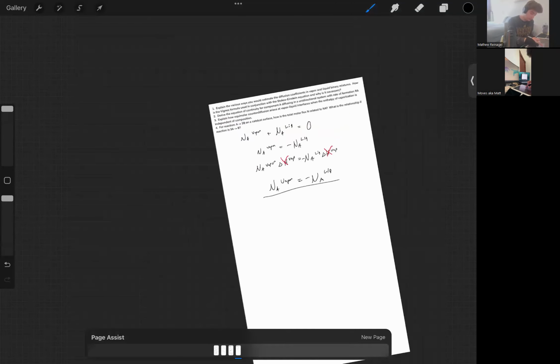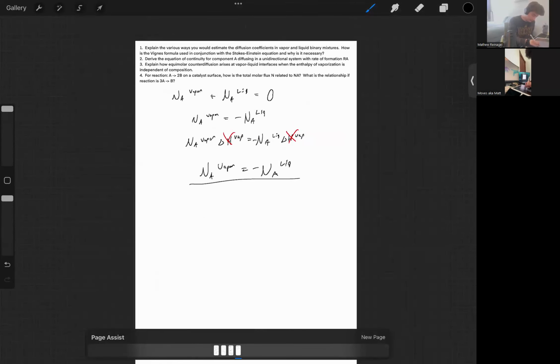So let's now look at a catalytic surface. We're trying to look at the total molar flux N related to N_A when we have a catalytic surface with the following reactions: A turns into 2B and 3A turns into B. So let's go ahead and do that.